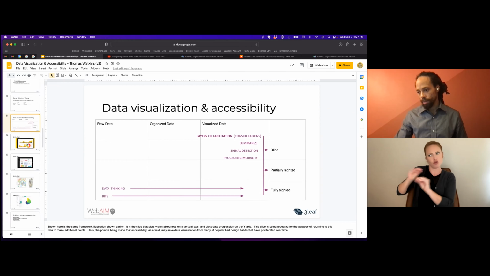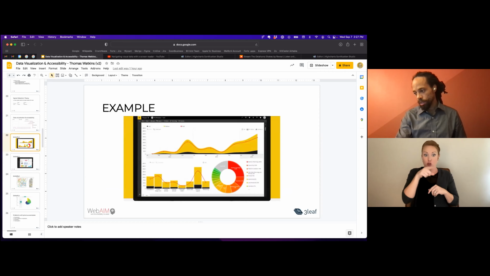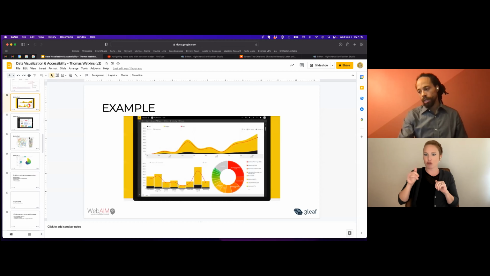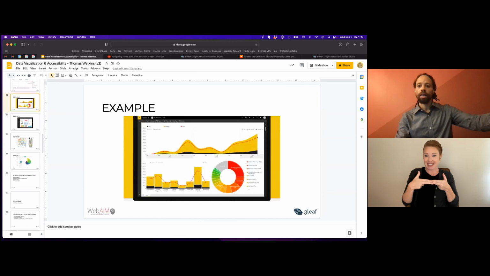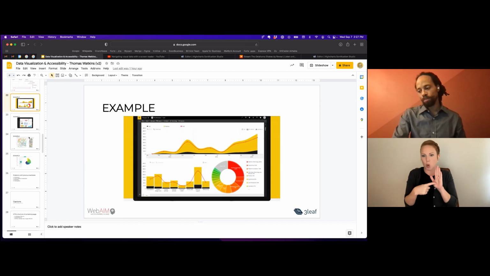When we look at that in terms of our framework, and we look at some of these diagrams, for those who cannot see the slides, I'm going to go through a few slides that are very busy, very colorful, and have lots of things wrong with them.